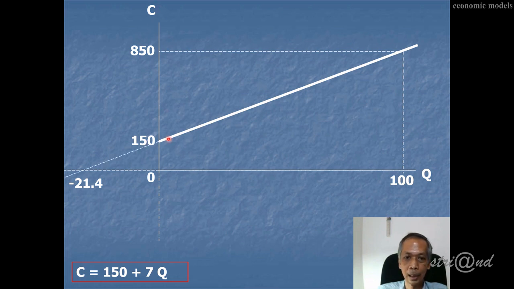This line can be extended here to negative values of C and Q, which is irrelevant. That is why it is made in dashed line again. And actually the answer is not this dashed line, but this solid line. Okay, this is the answer for our exercise, which is C equals 150 plus 7Q.